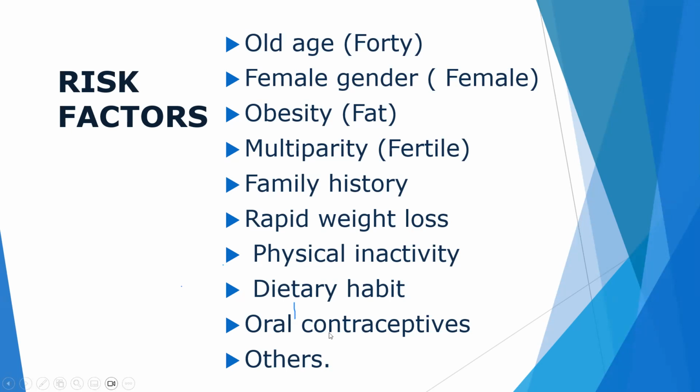We all know that wherever there is stagnation, there will be infection. Then bacterial overgrowth occurs, and the most common organism is E. coli, and less commonly Enterococcus or Bacteroides, or very rarely Clostridium can infect.